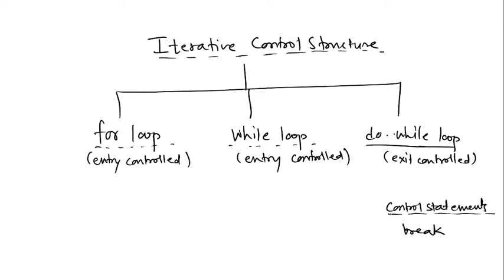Like this, break is also useful in loops, because if on a certain condition we want to come out of a particular loop in a particular iteration, then that can be done by break. We'll have more on this when we go for a proper introduction to break. Along with break, we also have continue. So break and continue are the two control statements which are widely used along with these iterative control structures.